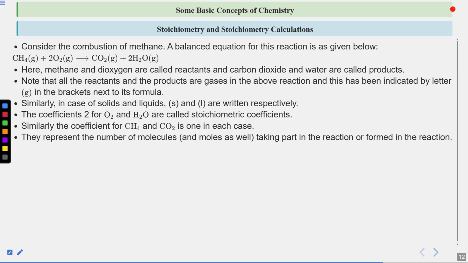Now, what are they representing? First is the molecule. So, we can say that these coefficients are representing the molecules.